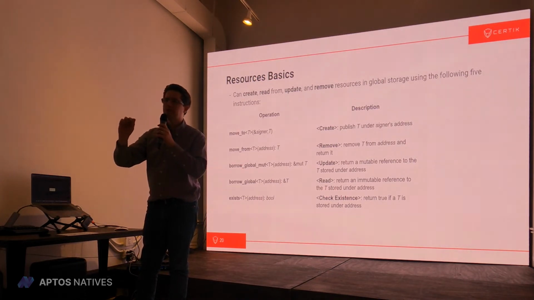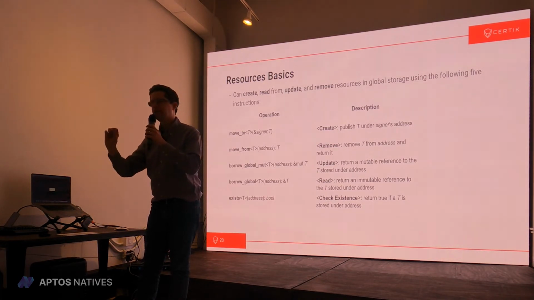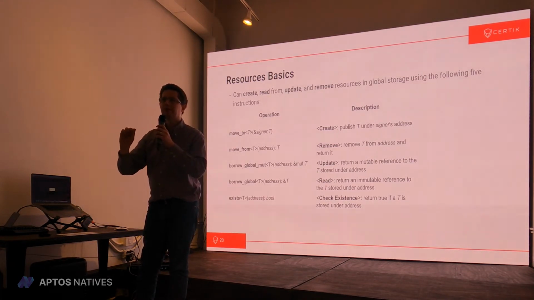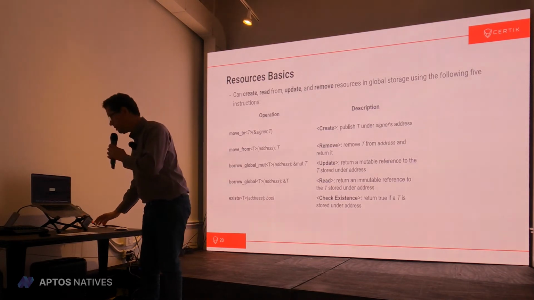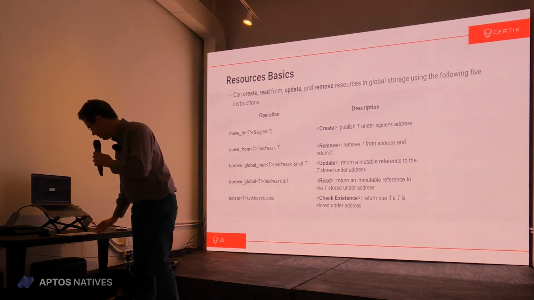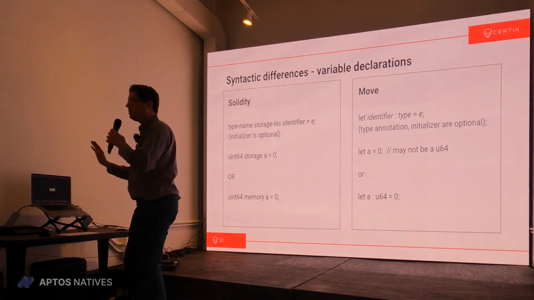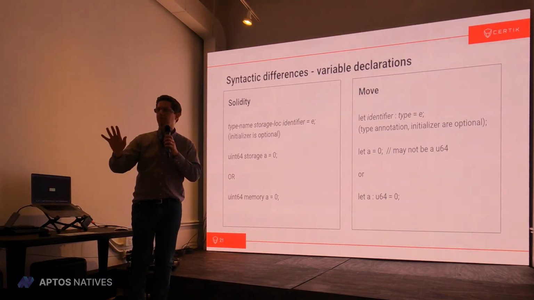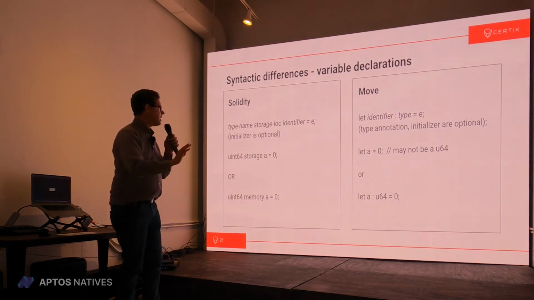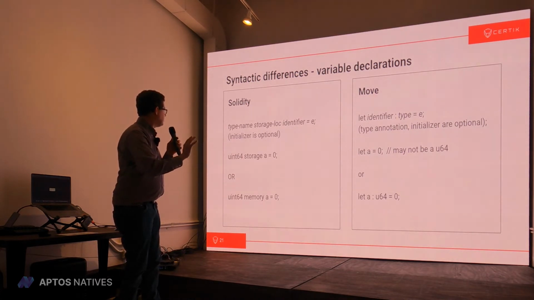If you're trying to do this in Solidity, you'd have a lookup table, a hash table. Hash tables don't always parallelize that well, so that's why you end up with a slower transaction rate there. Anyway, that's the key concept of what resources are about in Move.